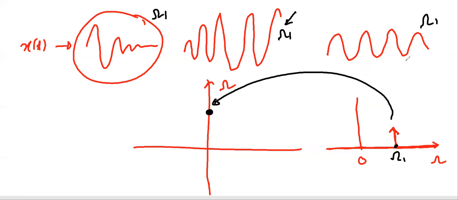we are introducing an extra term e to the power minus sigma t, where for the sigma value, let's say for this one, we are getting this point over there with the same frequency. The frequency is this, but what is the value of sigma? The sigma value is this one, and you are getting the pole location over there.